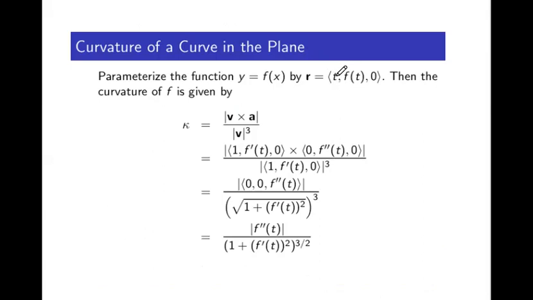This is the x coordinate; instead of x, I write t. The corresponding y is f of t, and there is no z coordinate because we consider a two-dimensional curve. So this is my path.